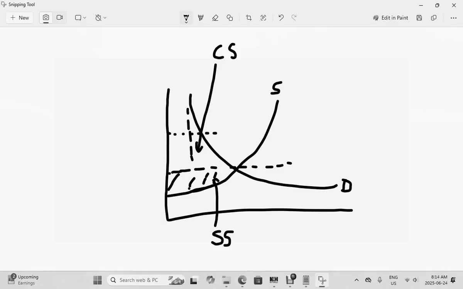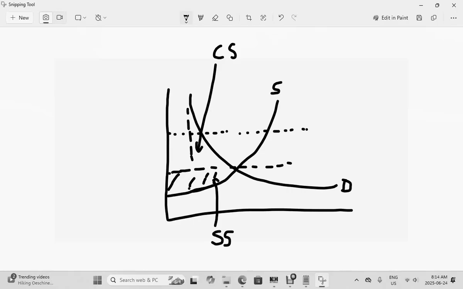If the government does impose this price ceiling, your supplier surplus may be limited to what it is right now, just below the equilibrium line.